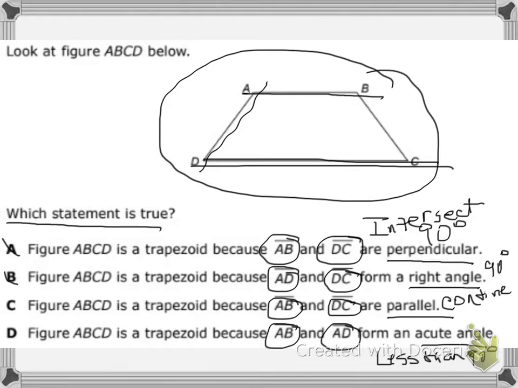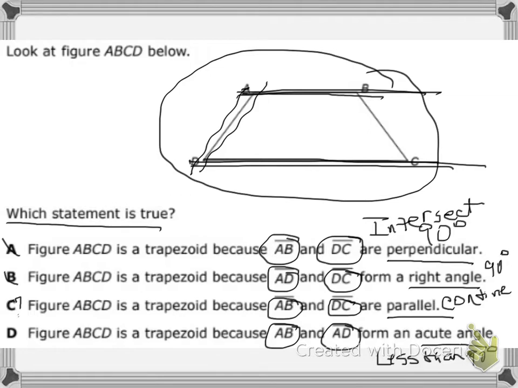Looking at A to B and D to C, are they parallel? Yes. And I go back and look at A to B and A to D. Do they form an acute angle?